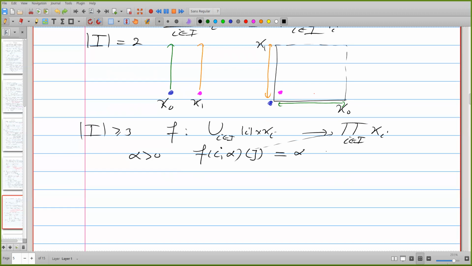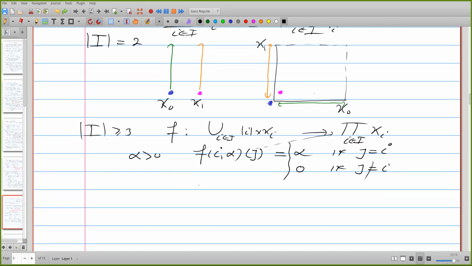Well, I'll choose alpha at the ith coordinate, and I choose 0 at all the other coordinates. This now, phi of (i, alpha) is a function, and its value at j is alpha if j is equal to i, then 0 if j is not equal to i. If (i, alpha) is different from (k, beta), then I get 2 distinct functions because of the 0 and the alpha and the 0 and the beta at certain points.